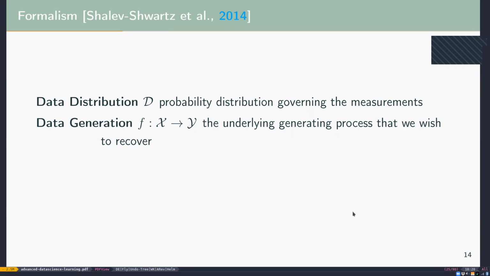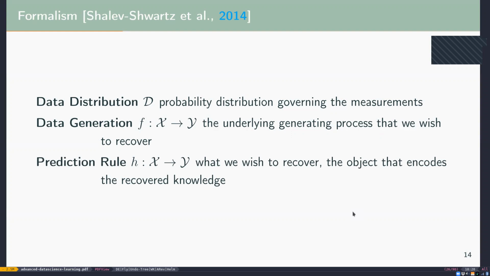Our aim is to find a prediction rule that we will call H, and it will make sense why it's H, because we think of it as a hypothesis that maps from X to Y. The ideal scenario is if H is equal to F. That's the game we're playing.